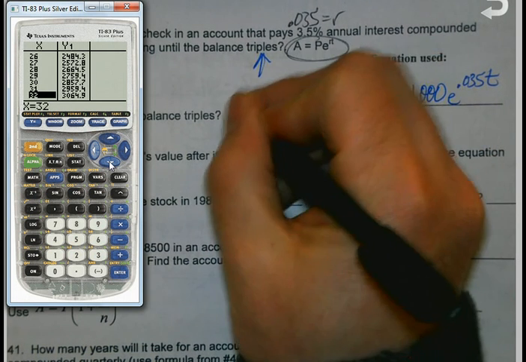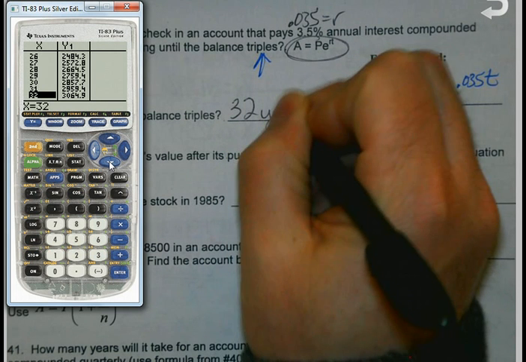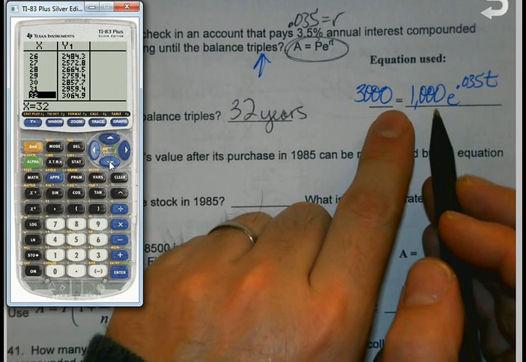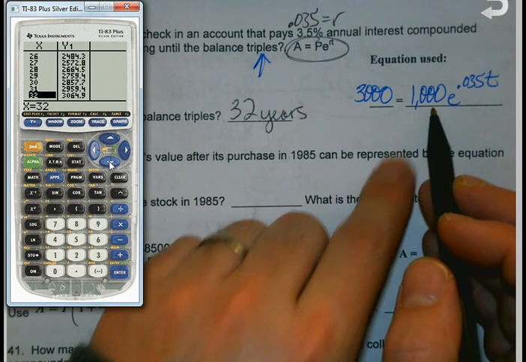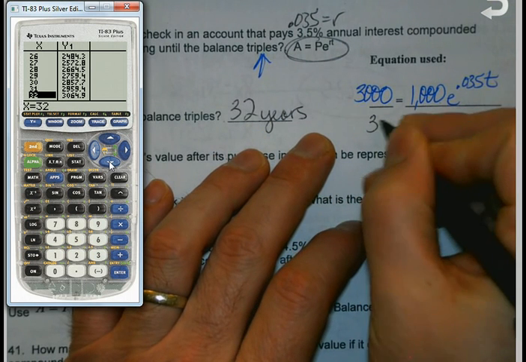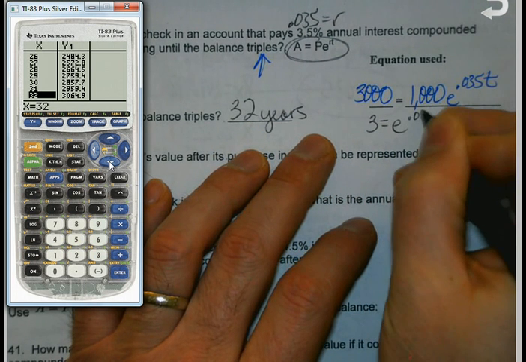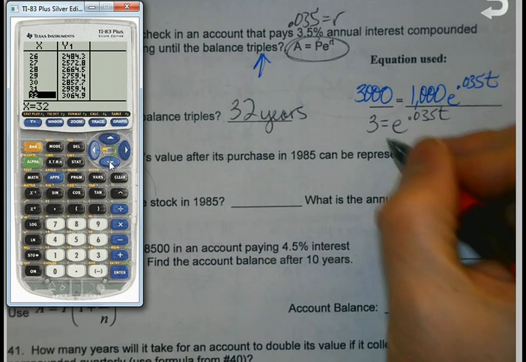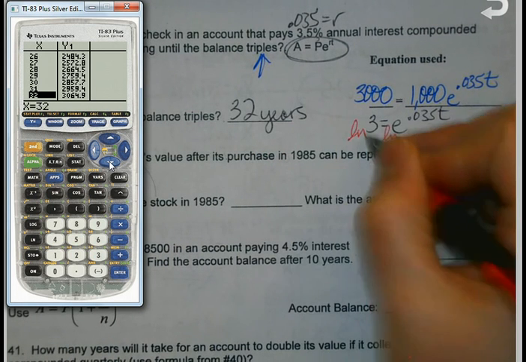Okay, so about 32 years. Additionally, I could solve this algebraically by looking at this as my equation and saying, okay, I'm going to divide both sides by 1,000. I want to get that out of there. I'm going to take the natural log to get rid of e.